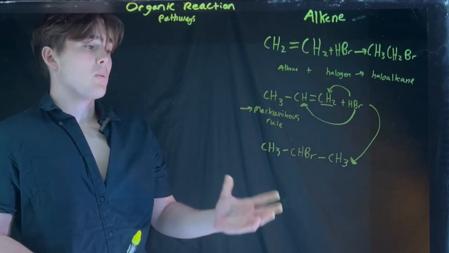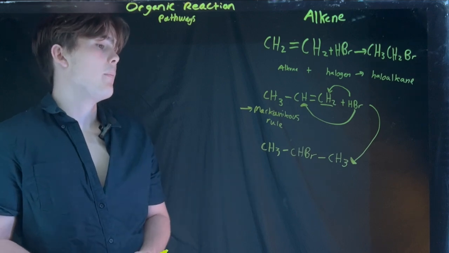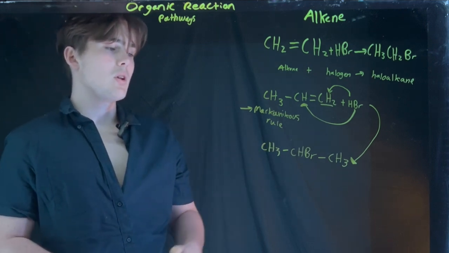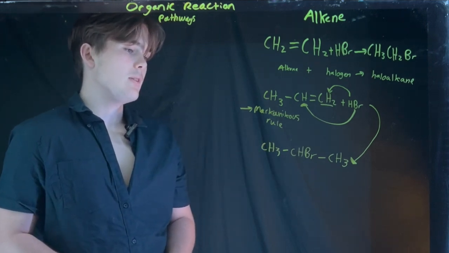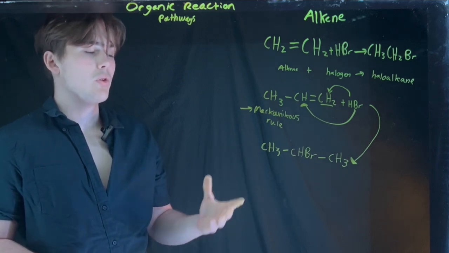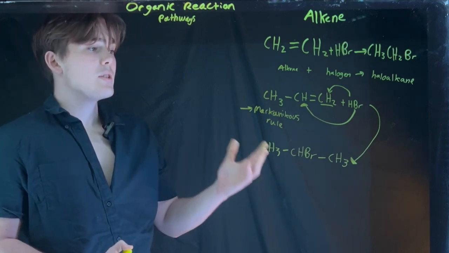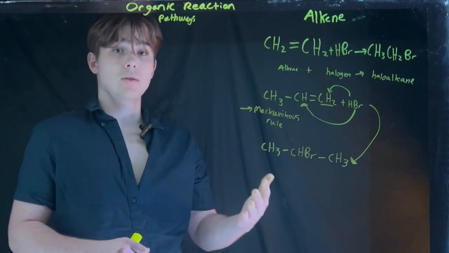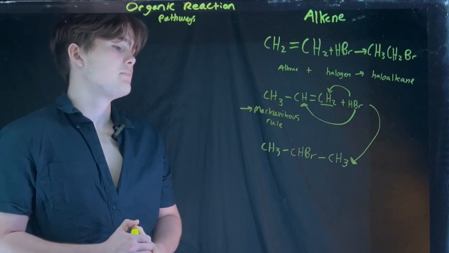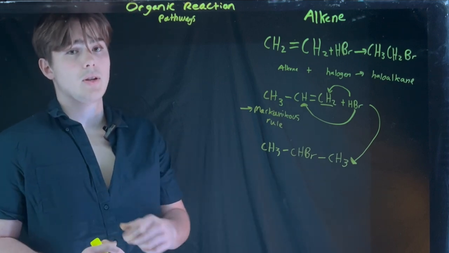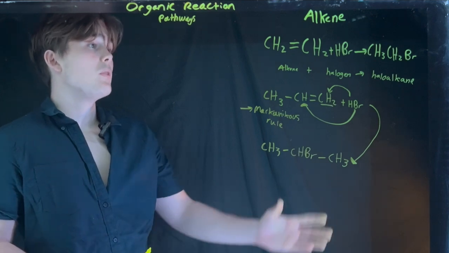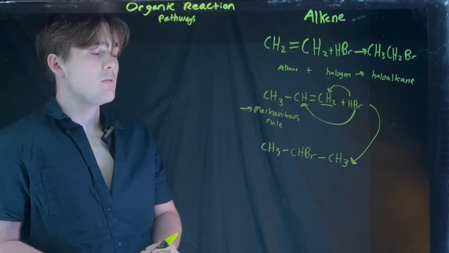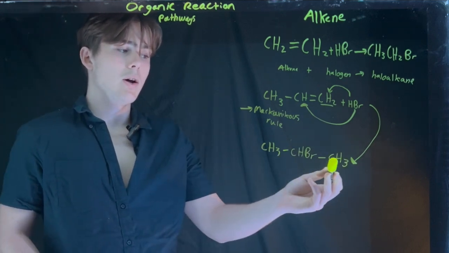I know it can be a little bit complicated when you first look at it. We'll go through some more practice questions in future videos, but this is basically the simplified version of Markovnikov's rule. The hydrogen will go to the side of a double bond that has more hydrogen already on it. And then whatever's left over goes to the other side. So all of this is an example of an alkene reacting with a halogen to produce a haloalkane down the bottom.